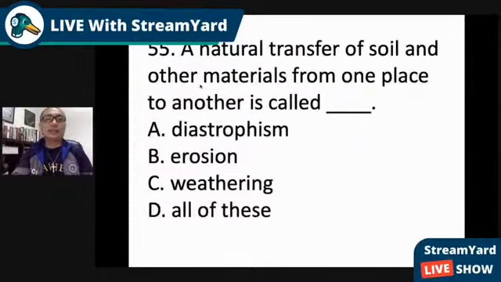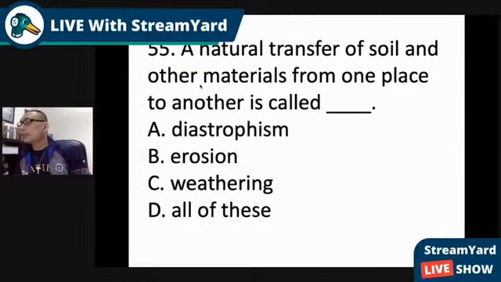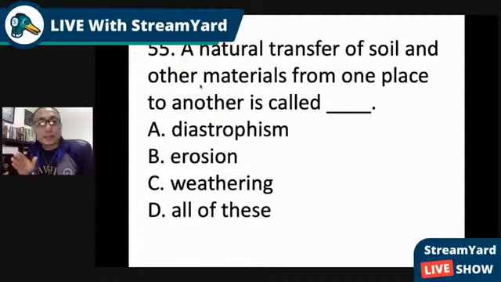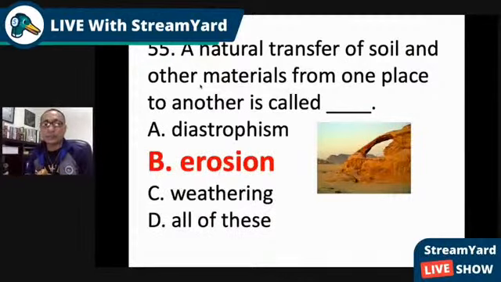55. Natural transfer of soil and other materials from one place to another. Okay, so this one, we would see the difference. Take note of transfer, soil and other materials, from one place to the other. That is what erosion is.